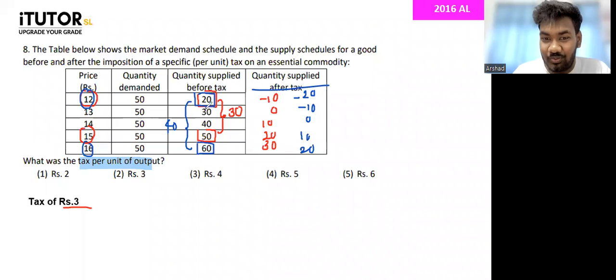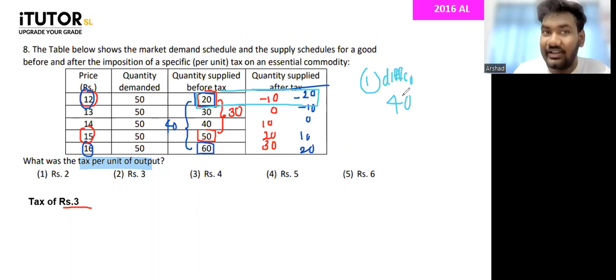First of all, find the difference in QS. At any price, find the difference in QS. What's the difference in quantity supplied? We'll go with the blue ones. 20 and minus 20. The difference in quantity supplied is 40. There's a 40 difference. You'll understand that, no?